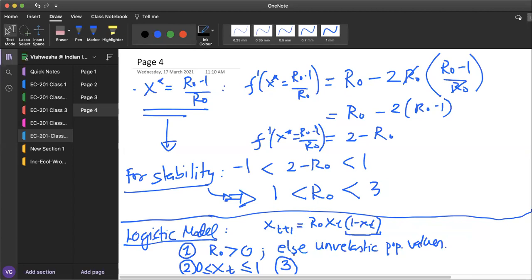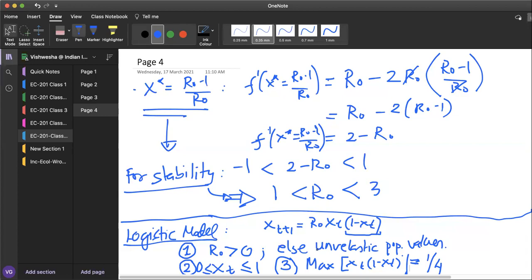If we just do simple calculus, we will find that the maximum value of xt into 1 minus xt is 1 over 4, and that happens when xt is equal to half.